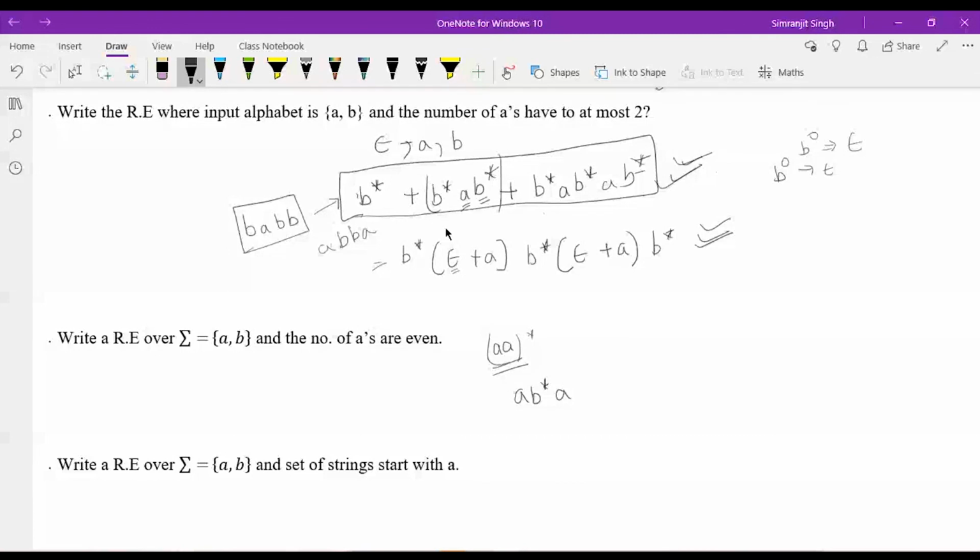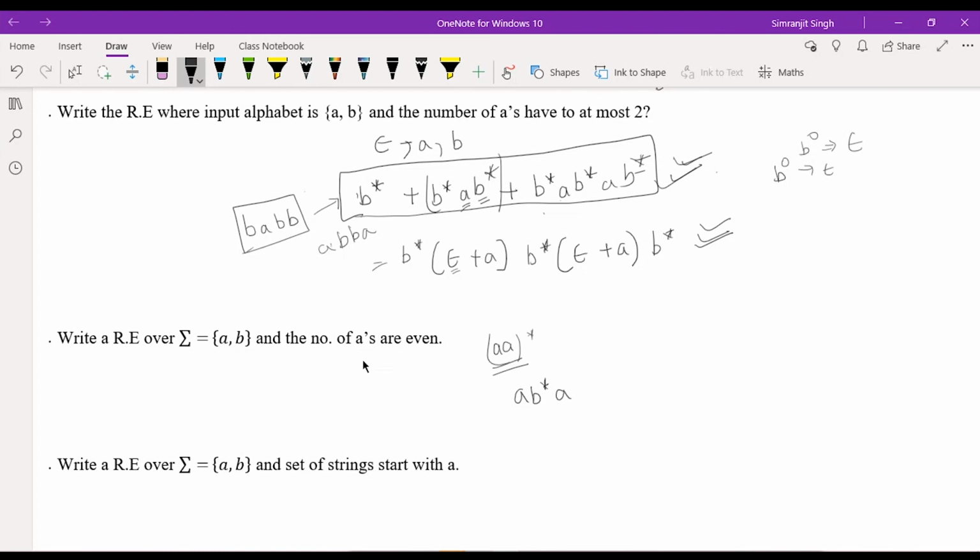Okay. So now if I see there are many answers here. Let me see. So I think the latest answer I got is from Mayank.